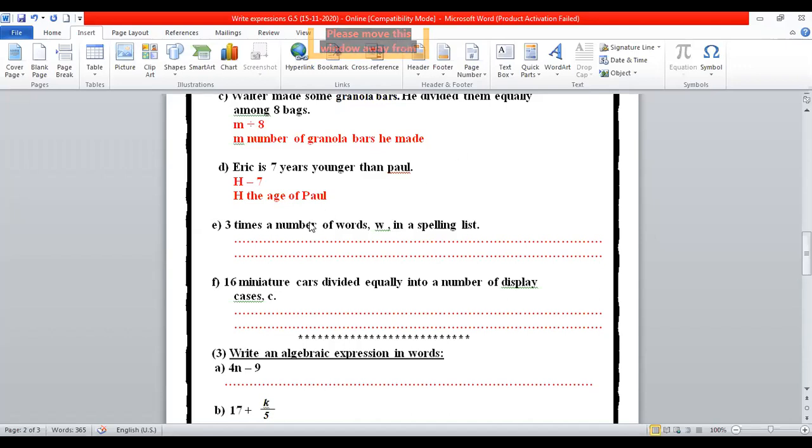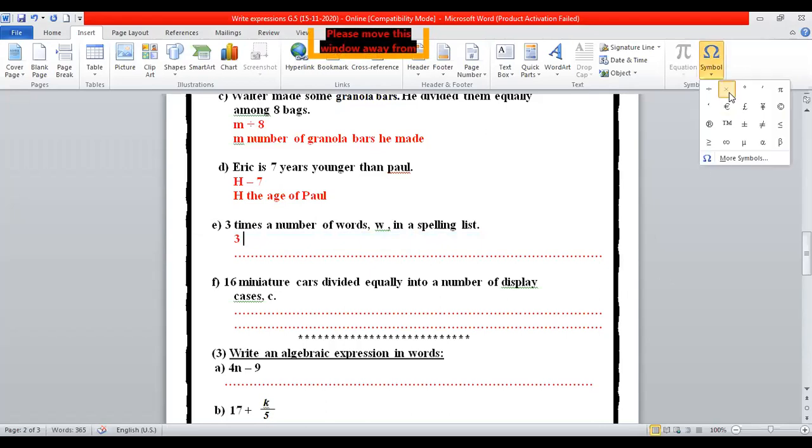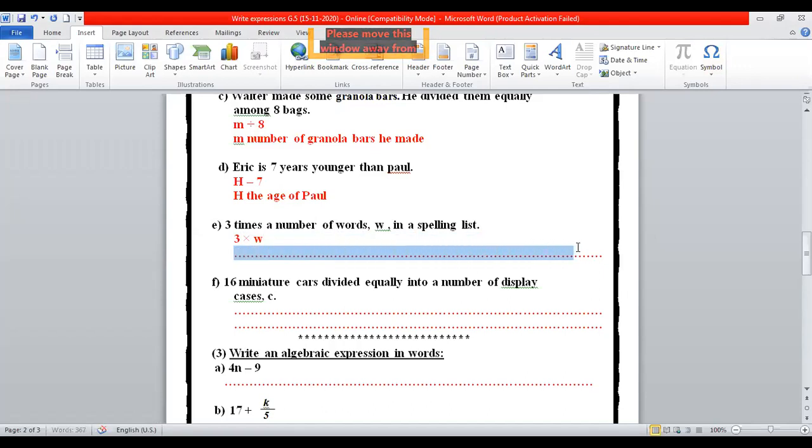Yes, good. Times means multiply. Here he gives you the letter you will use: W. So 3 multiply W. And the W here represents the number of words in the spelling list.